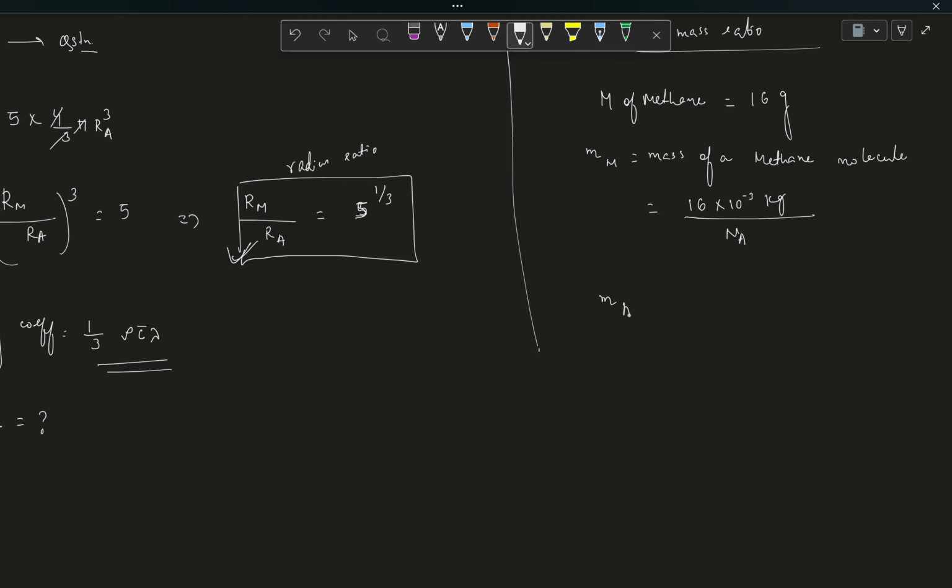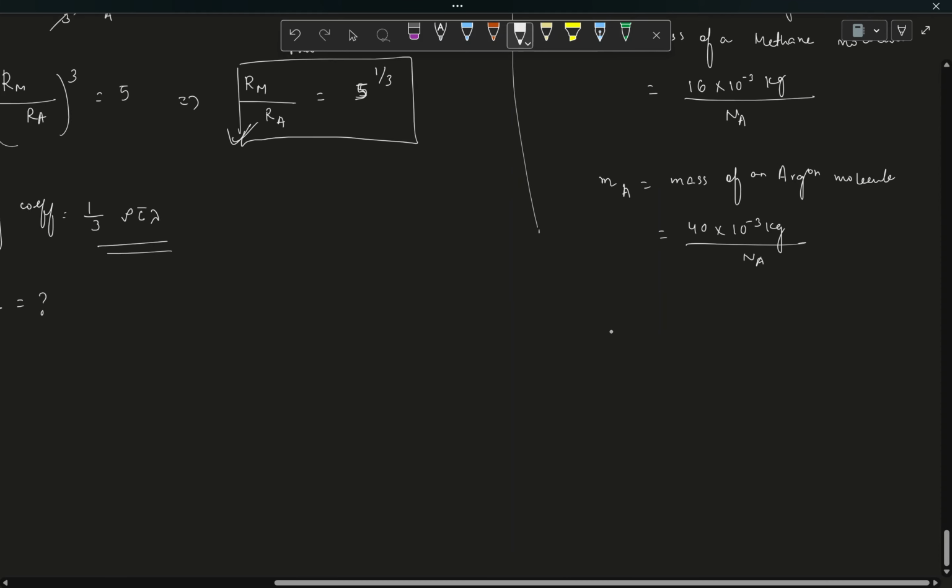And the mass of an argon molecule is again the same: 40 gram was given, so 40 into 10 to the power minus 3 kg divided by the Avogadro number. So what is the ratio then?